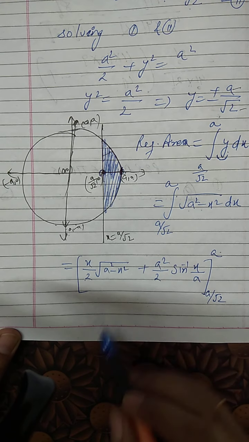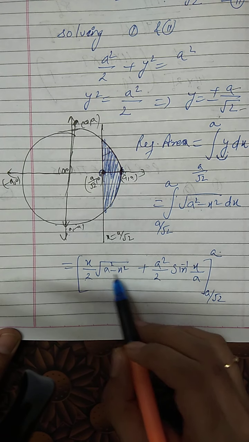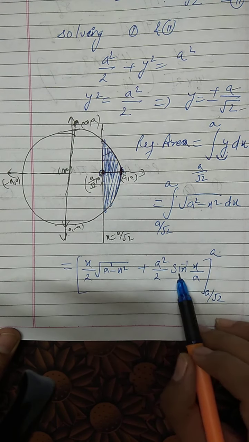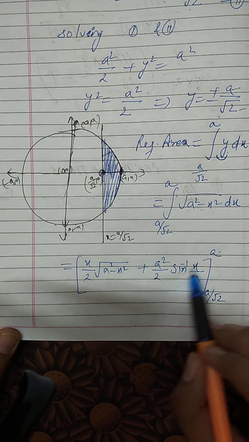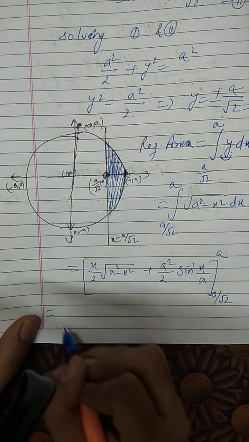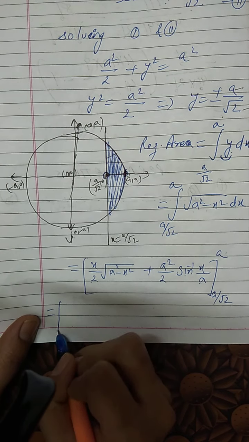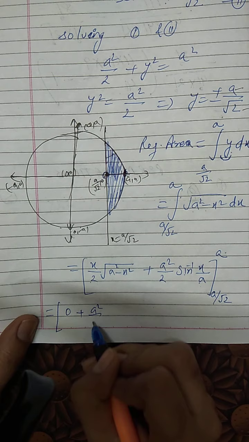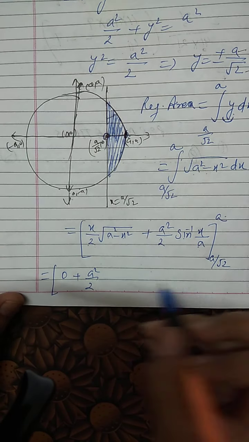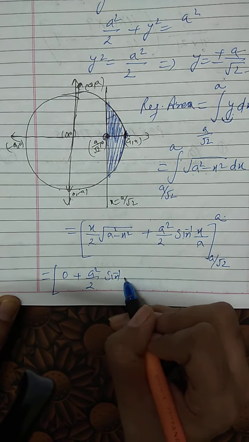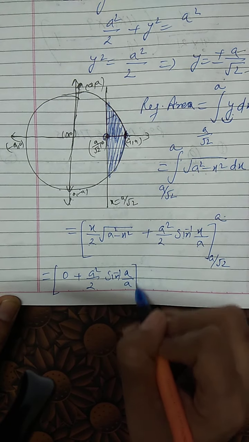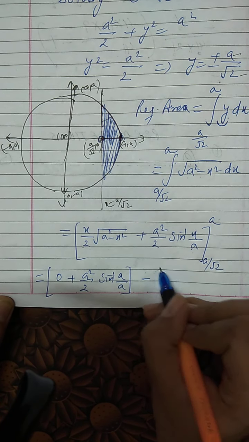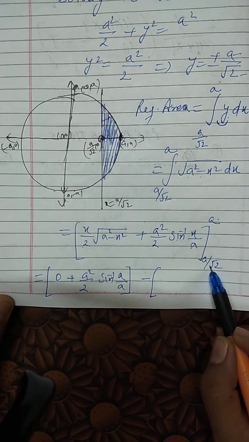So when we apply the upper limit, this term will become 0 because a square minus a square. Sine inverse a upon a will be sine inverse 1. So let us apply the limits here. It will be 0 plus a square by 2 sine inverse a upon a. This is the first term, and minus, now we apply the lower limit.